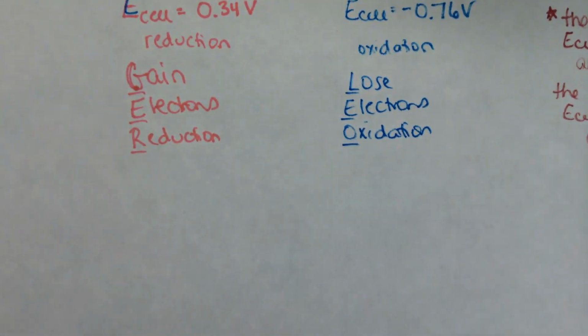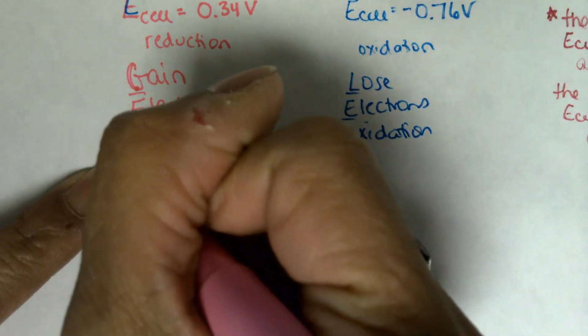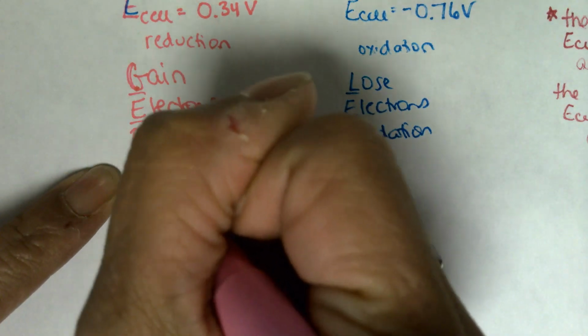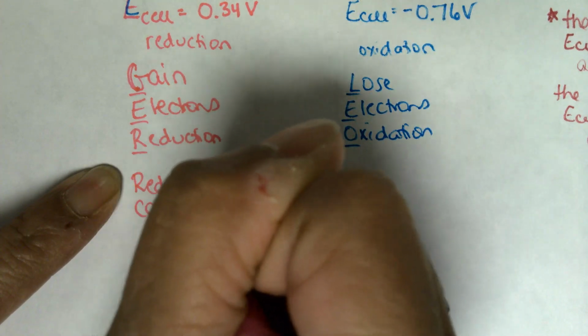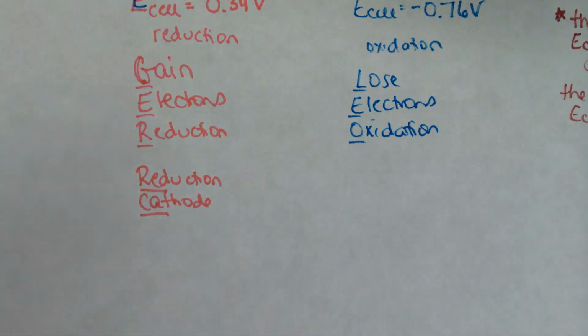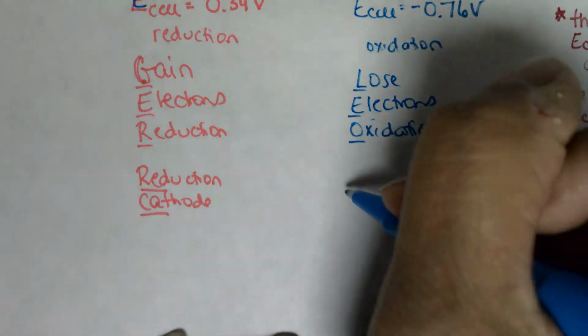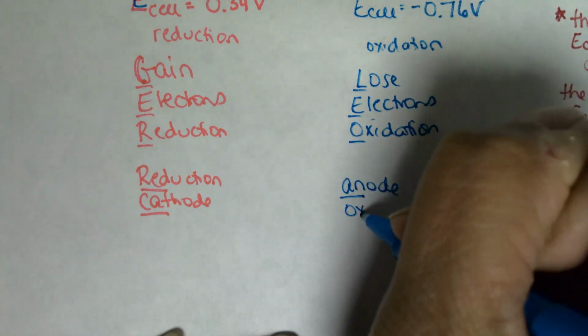Some other things to help you remember the site of oxidation versus reduction. For reduction, we say this is red cat. Red stands for reduction at the cathode, versus the anode is the site of oxidation.